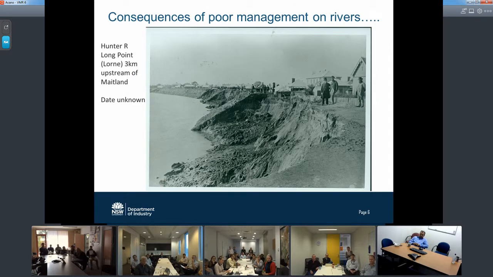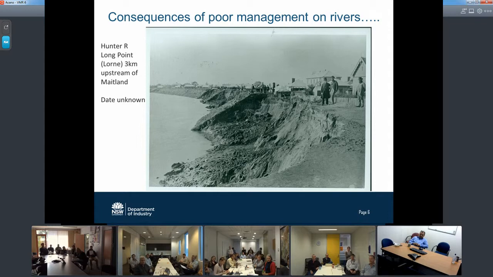In most cases, though, in New South Wales, on the larger rivers, we're dealing with rivers which have been affected since Europeans turned up. And unfortunately, as in the case in this photo on the Hunter River, attempts to fix the river often lead to even greater problems than were originally there. In this case, an attempt to armour the bank of the Hunter River led to massive degradation.